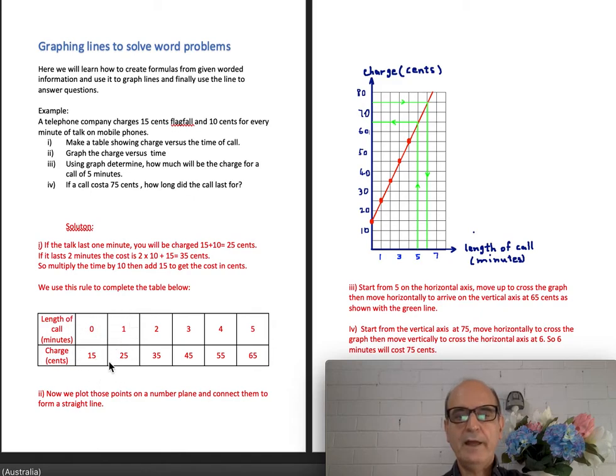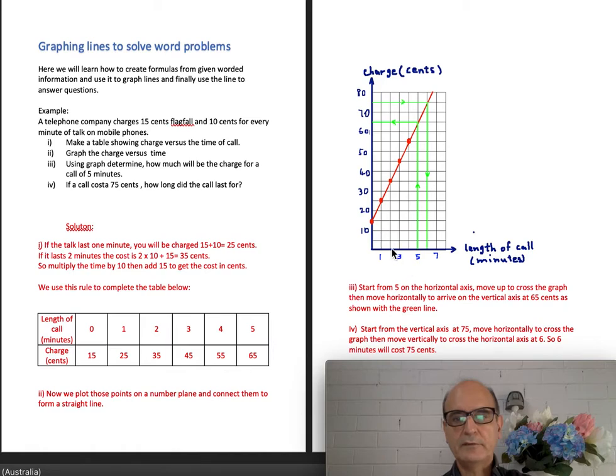Then 1 and 25. So it means if the call lasts for 1 minute, you're going to pay 25 cents. So that's 1 on the time axis, and we go as far as 25 cents. So this will give us this point. And 2 and 35.